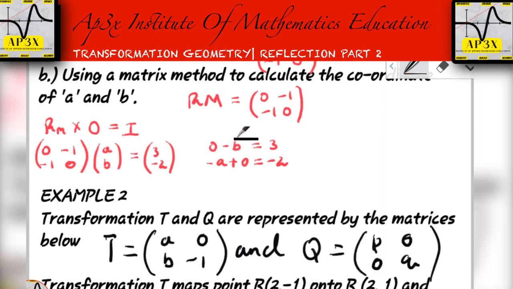Since our subject is negative, we're going to bring this over here, and then bring this 3 over there. We know we don't like our subject being negative. So for this one we end up with 0 take away 3 is equal to positive b. So -3 is equal to b.